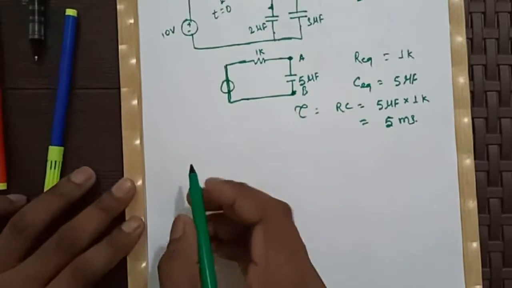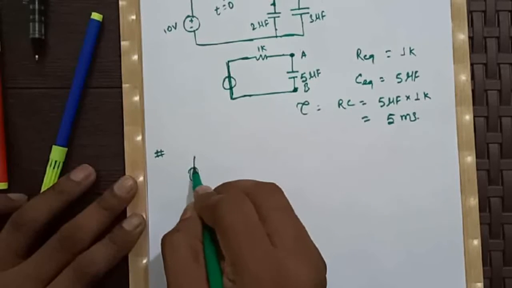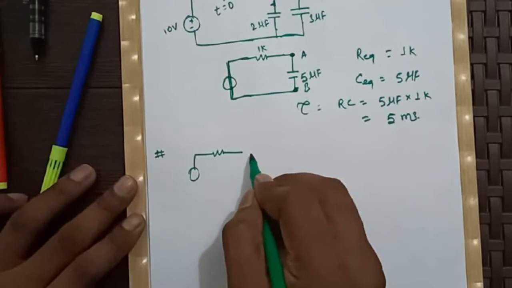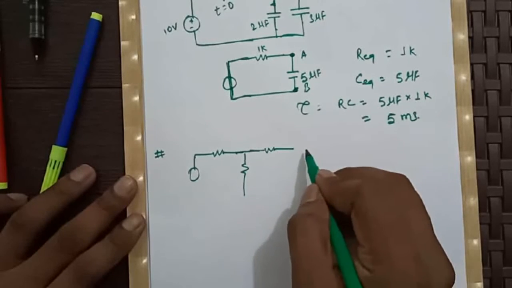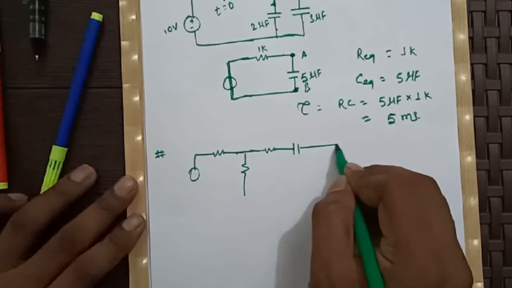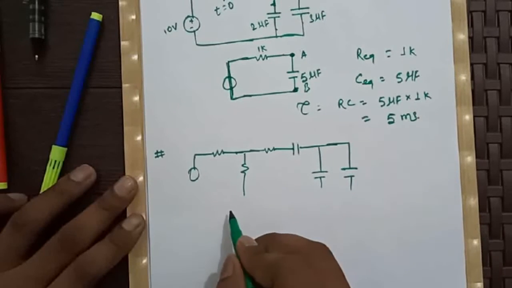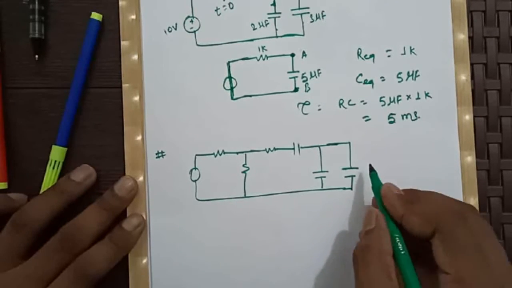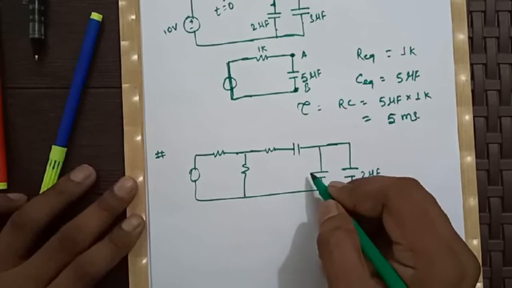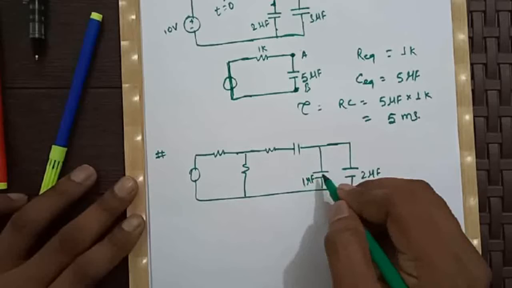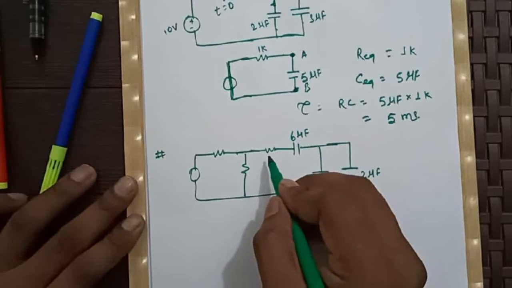Now take another example. This is a resistor, this is a capacitor. Its values are 2 microfarad, 1 microfarad, and 6 microfarad.